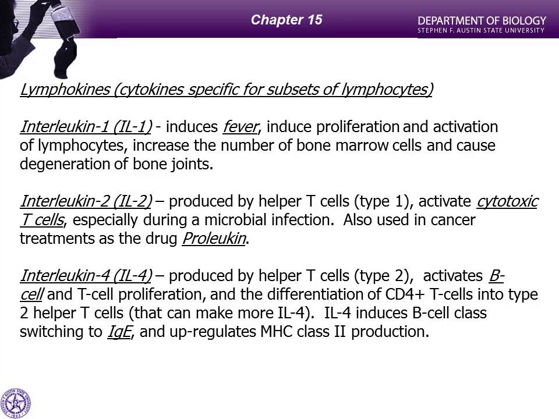Interleukin-4 is going to be produced again by helper Ts. It activates B cells to produce antibodies. And in fact, IL-4 is extremely effective at causing our isotype switching of whatever the antibody that B cell is going to produce, switching to an IgE type. So interleukin-4 is fairly busy when we're starting an allergic response and reaction.